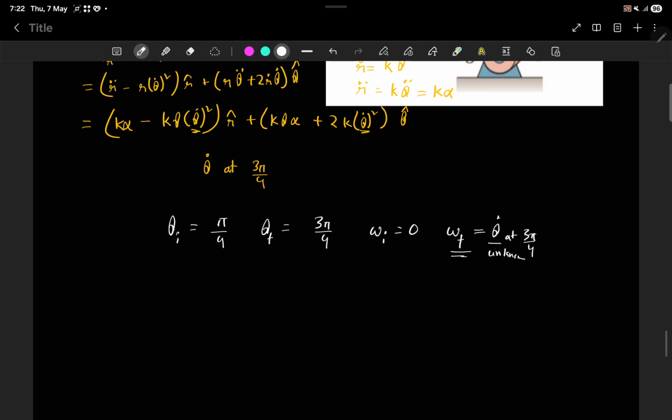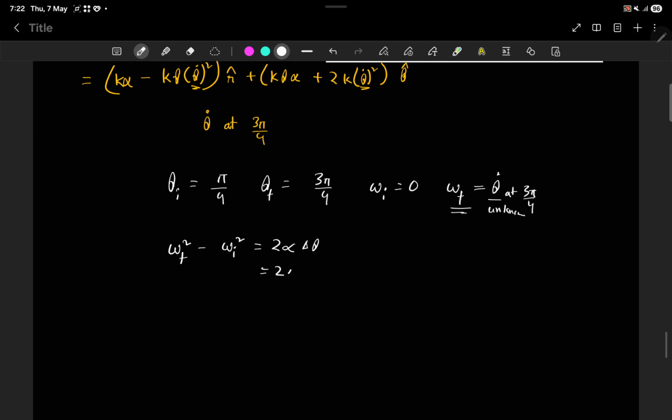By the equations of motion in circular motion, omega final square minus omega initial square equals 2 alpha delta theta, the angular displacement. So this is 2 alpha times (3 pi by 4 minus pi by 4).